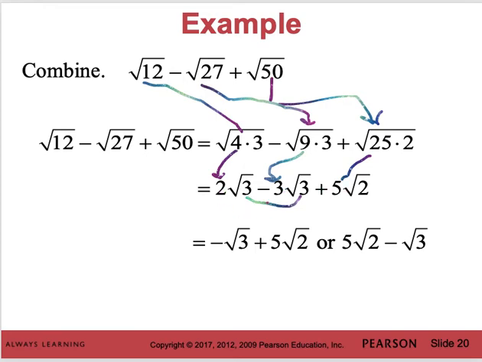So we'd be left with, it just depends on how you would want to write your answer, but you could write it as the negative radical of 3 plus 5 times the square root of 2, or you could do it as 5 times the square root of 2 minus the radical of 3. Either way, it's the same thing, only they're written in reverse order.